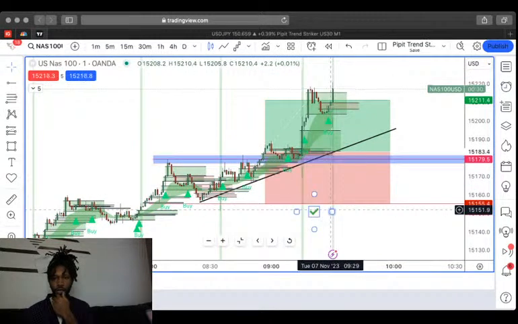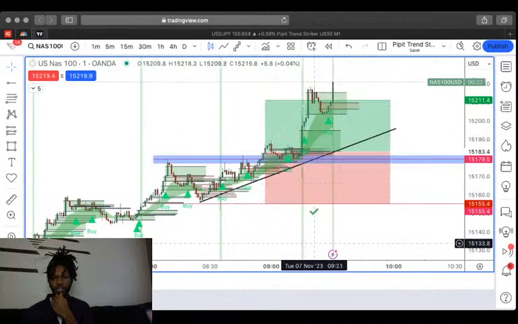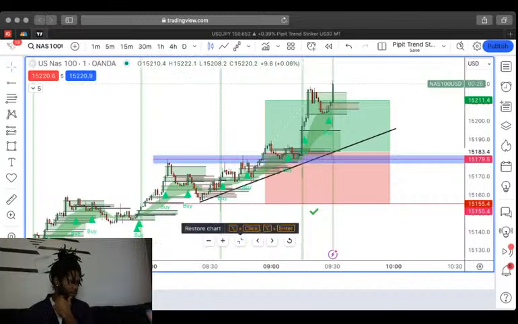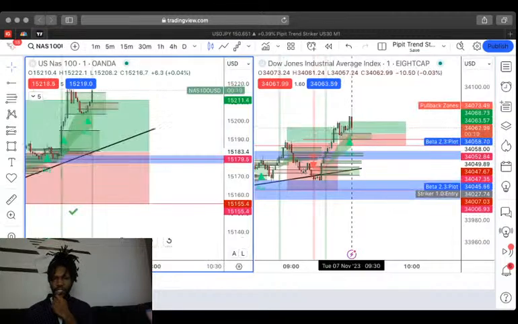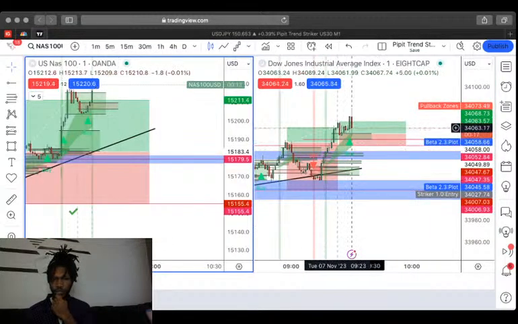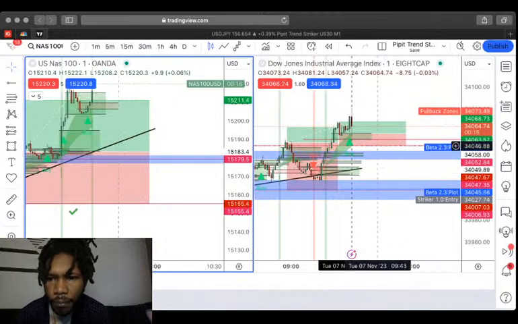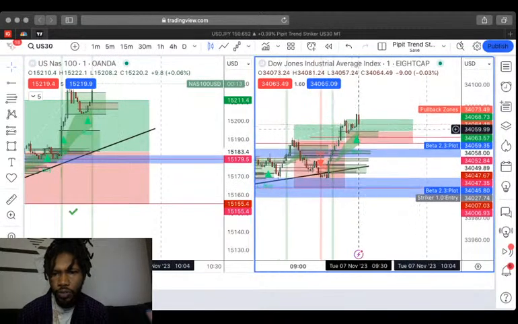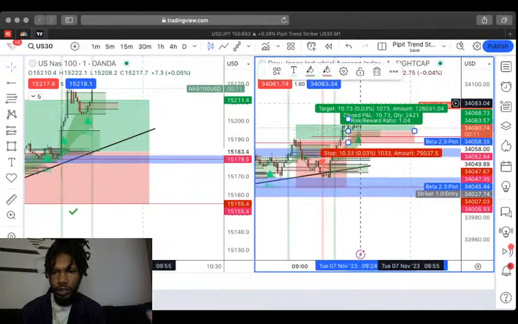And look at that. I have a feeling U30 is looking gorgeous to the upside, people. Yeah, it definitely got that 1-to-1 off of that move. I could have held that position open. That's cool. Let's get that out the way.